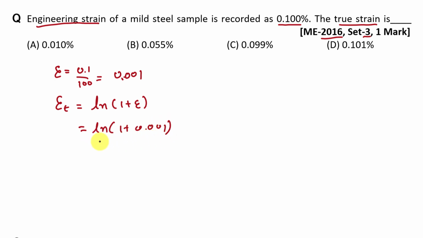Now if you will calculate this value, then you will get true strain. But in the options, all the values are given in percentage. So finally you have to multiply this value with 100 and then you will get this value. So in this question answer will be true strain is equal to 0.099%. Fine, and this question is for 1 mark.